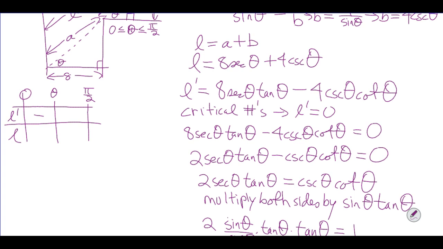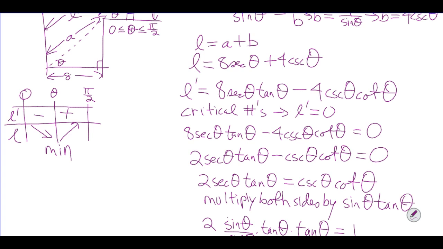So we've got 8 times infinity, minus 4 times, and the sine at pi over 2 is close to 1, and the cotan of pi over 2 is going to be like 0. So it's going to be 8 times infinity minus, so it's going to be positive. Which means this is down, this is up, and we have a, not a maximum.